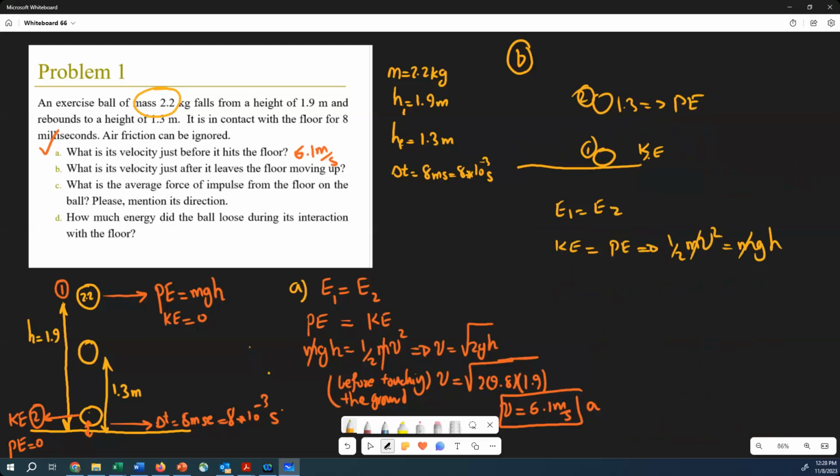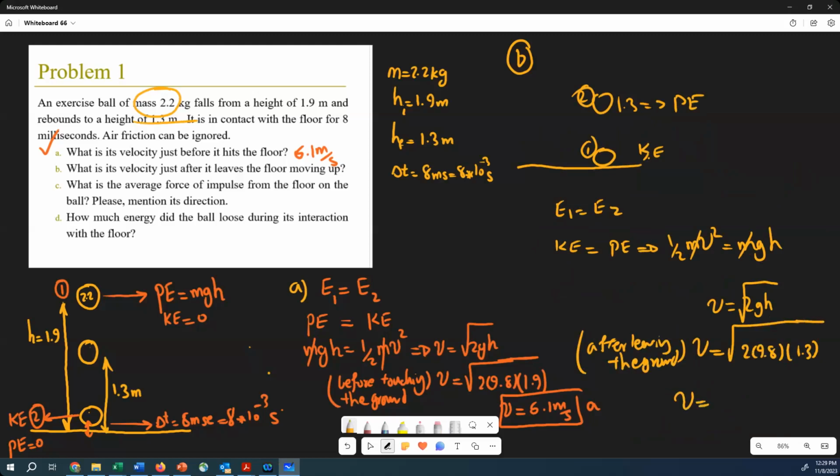Again, we are supposed to find V before leaving the ground. So V is going to be the square root of 2gh. So V after leaving the ground is going to be the square root of 2 times 9.8 times the height, which this time is 1.3.